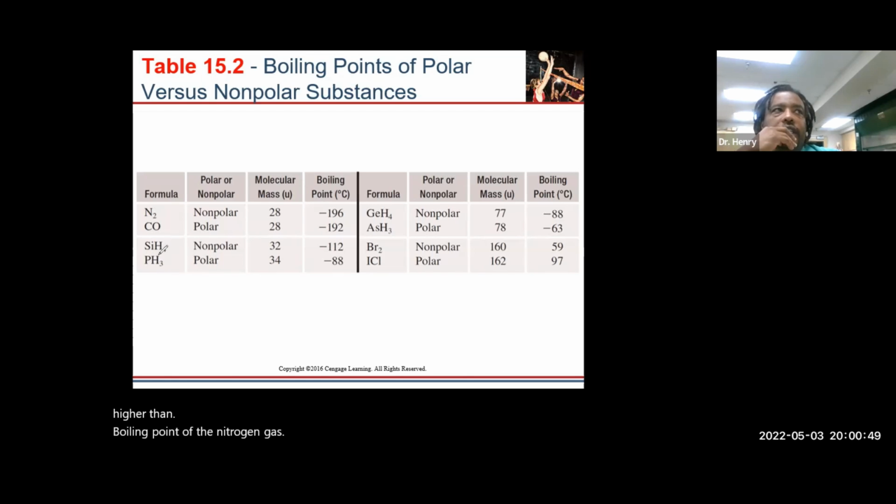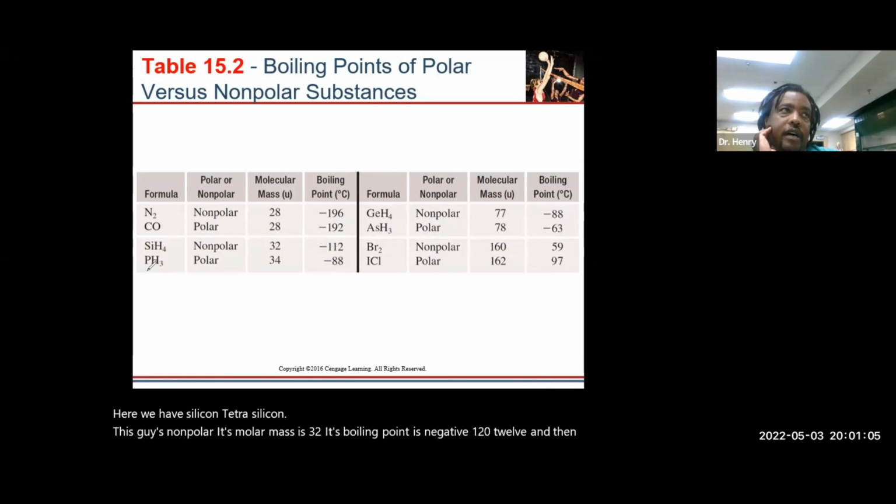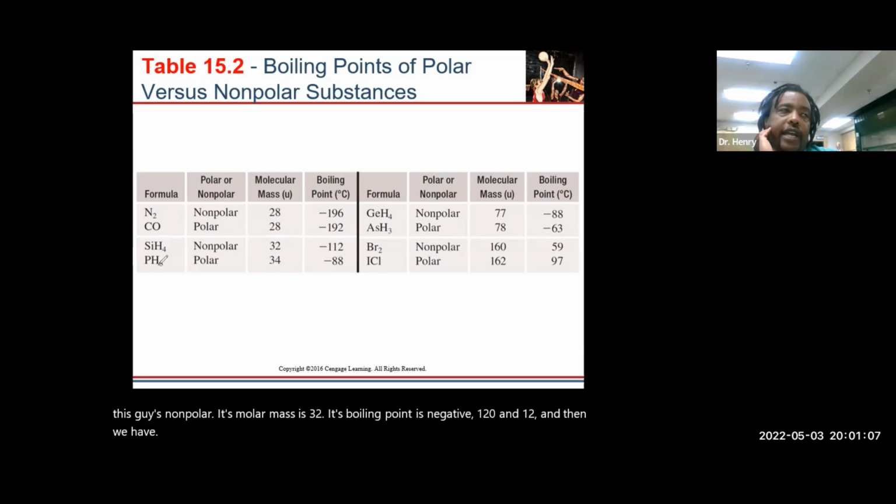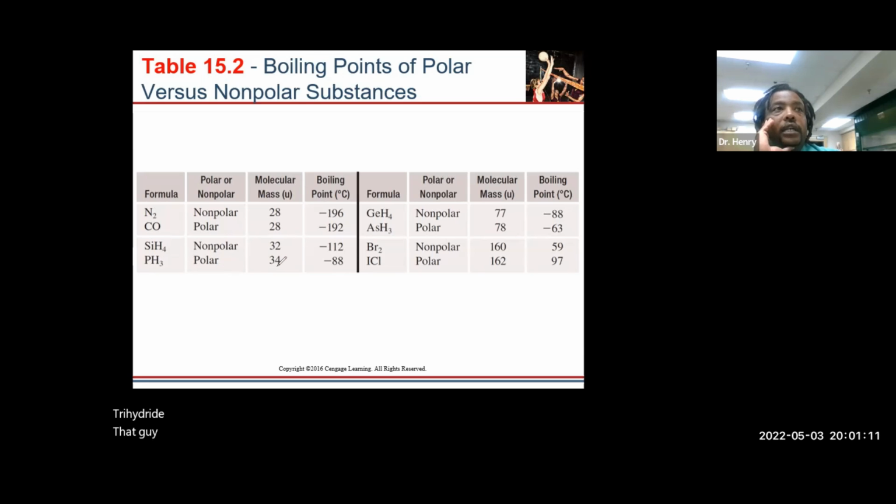Here we have silicon tetrahydride. This guy is nonpolar. Its molar mass is 32. Its boiling point is negative 112. And then we have phosphorus trihydride. That guy is polar. Its molar mass is 34, and its boiling point is negative 88.